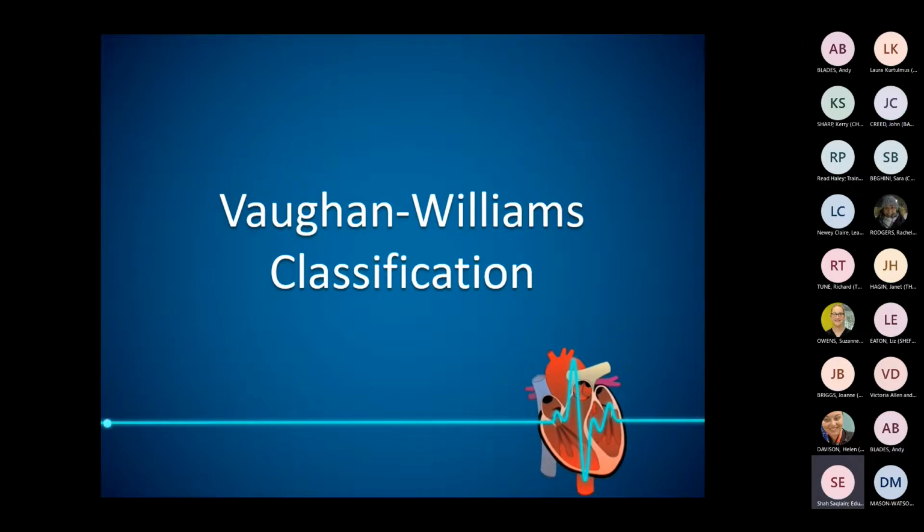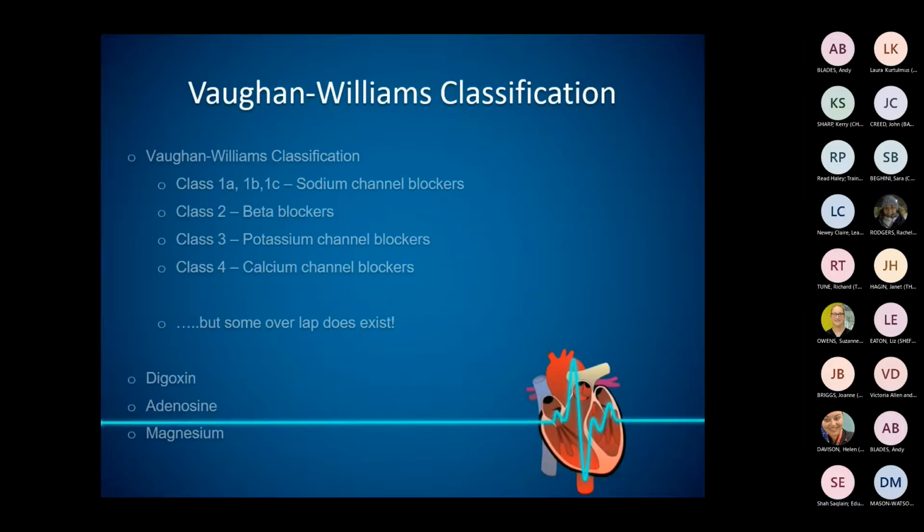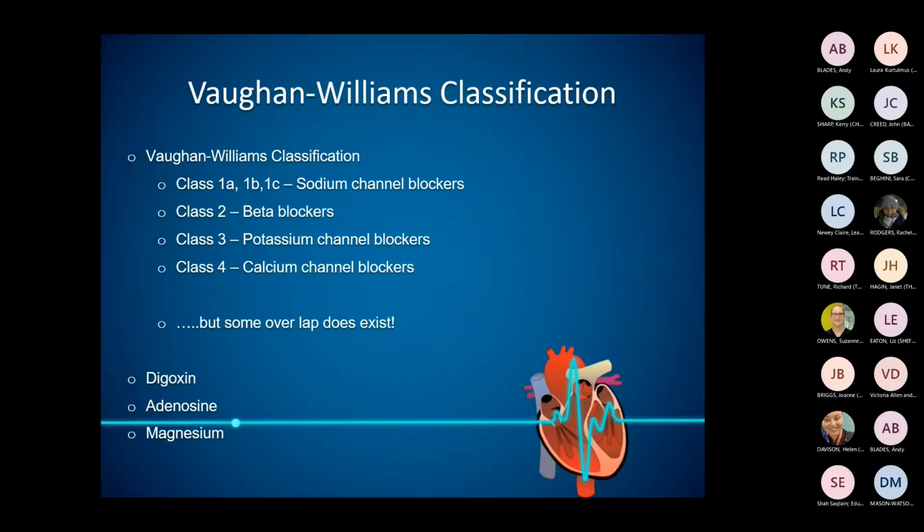So what we're saying is, when it comes to antiarrhythmic management, most of the antiarrhythmics are defined historically in this classification system. Now, the four classes that we're going to look at briefly are class 1, class 2, class 3, class 4 antiarrhythmics. But what I do want to say is that this is a very historical classification.